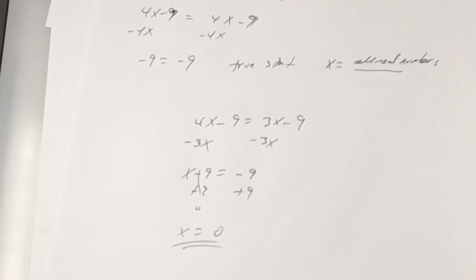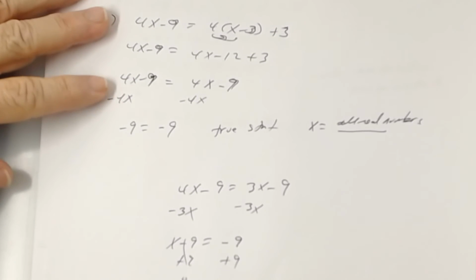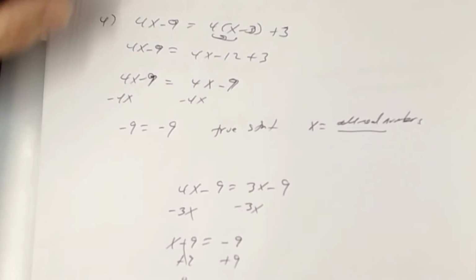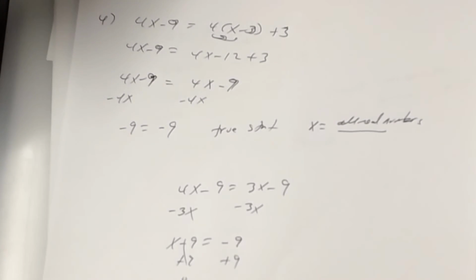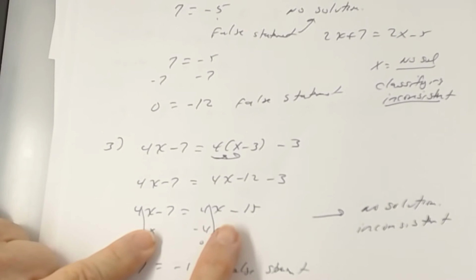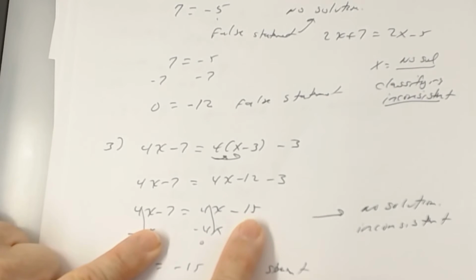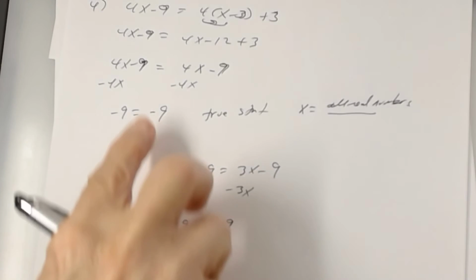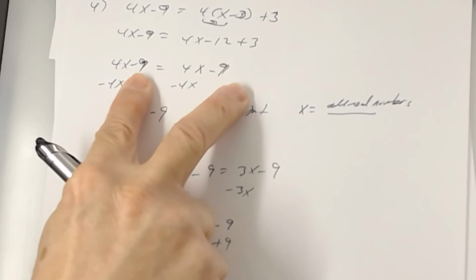So you need to recognize, in this case, why the solutions are all real numbers, and why this here would be considered no solution, because look, 4x, 4x, the constants are different. Here, 4x, 4x, the constants are the same.